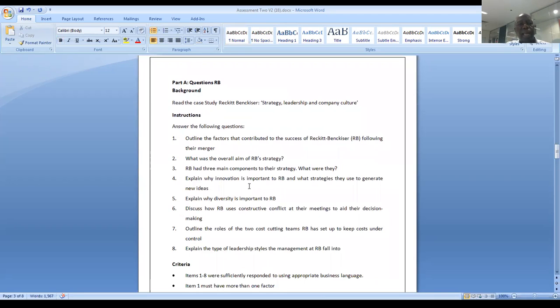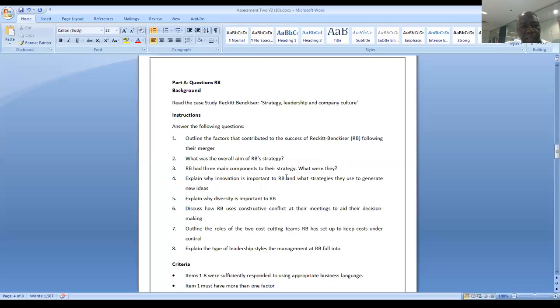Now, part A, read the case study on strategy, leadership, and company culture. The instruction is to outline the factors that contribute to the success of this company. The factors are already in the case study, so you need to refer to it when you answer. What are the factors that contributed to the merger? What was the overall aim of RB, and what were the main components of the strategy?